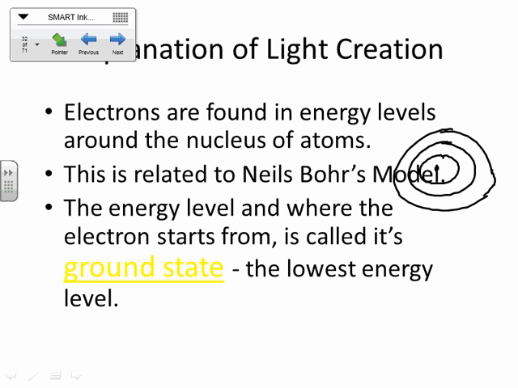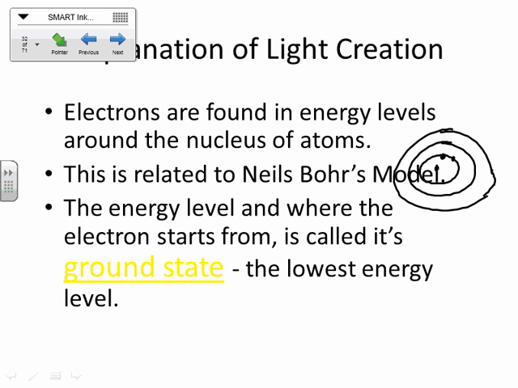So, for example, a hydrogen atom has one electron in its ground state. If you start talking about helium, helium has two electrons, so it has two electrons in its ground state, right there in the first energy level.